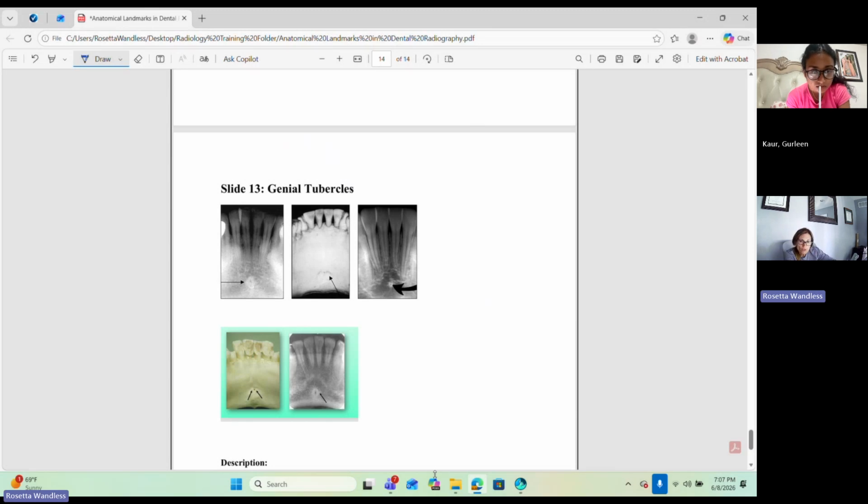The hole is the lingual foramen. That's where the nerve to your tongue goes through or innervates into the inside of the mouth. You can't feel them, can't see them.